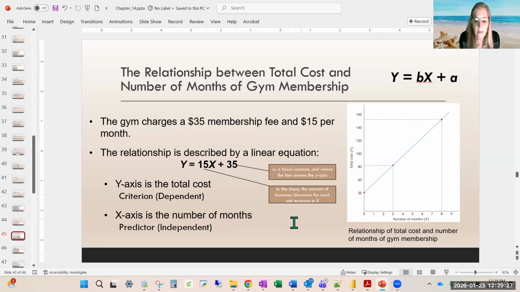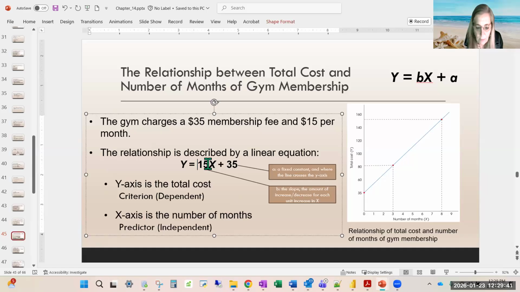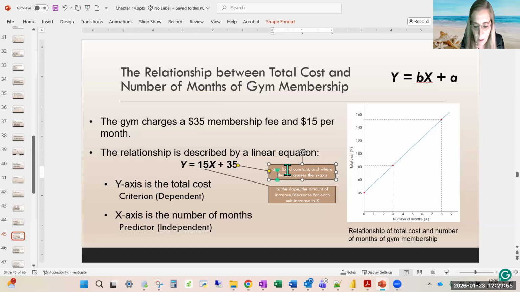All right, here we have an example. A gym charges a $35 membership fee and $15 per month. The relationship is described by a linear equation. So we have $15 a month, and we would plug it into the formula here, with an initial membership fee of 35. Remember, A is a fixed constant, where the line crosses the Y line, so you would place that here.